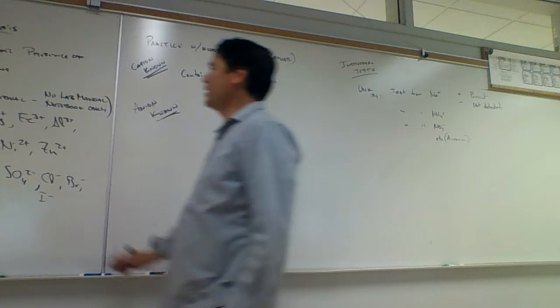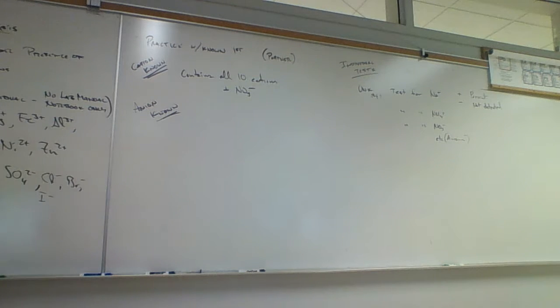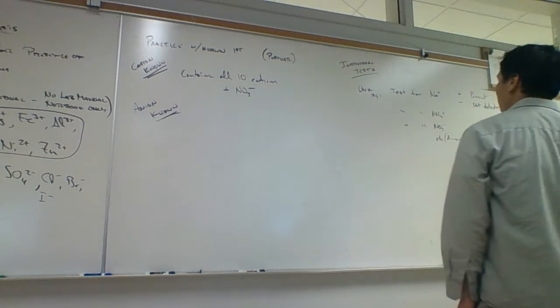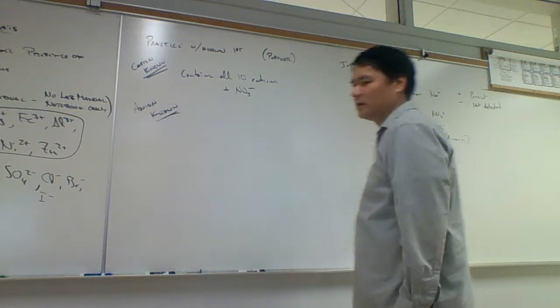However, for these cations, silver through zinc, these ones we don't do an individual test. We do a series of tests and separations. So first we're going to look at the individual tests here.